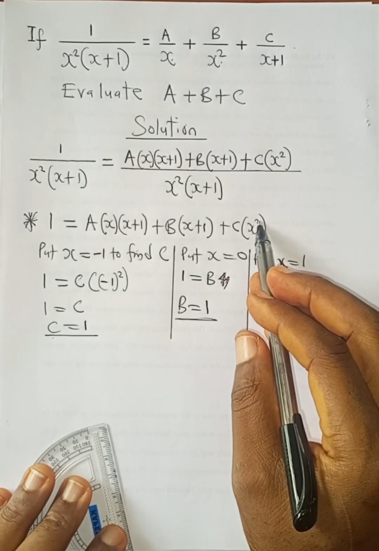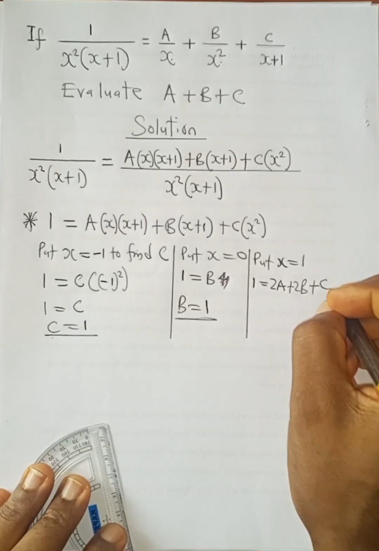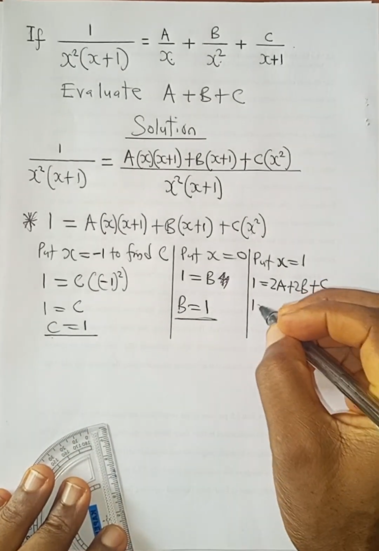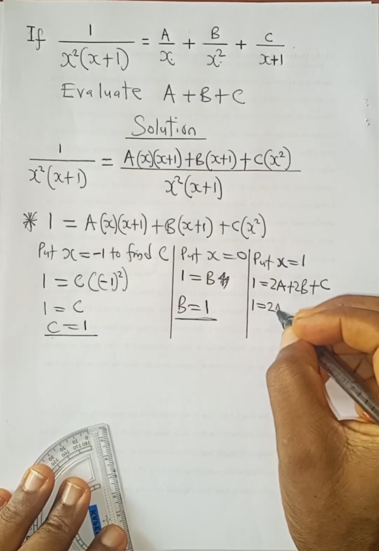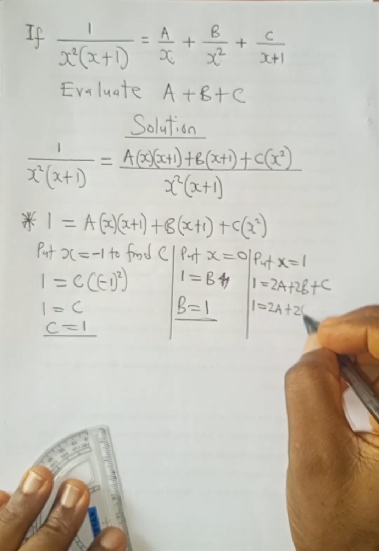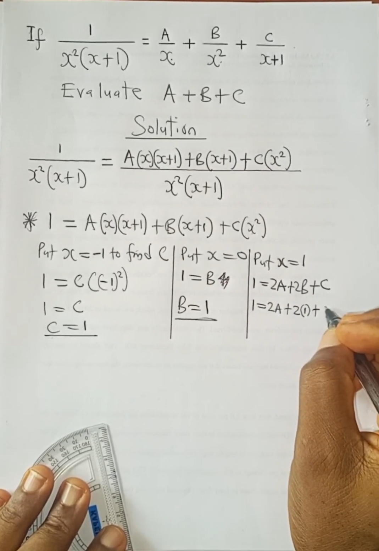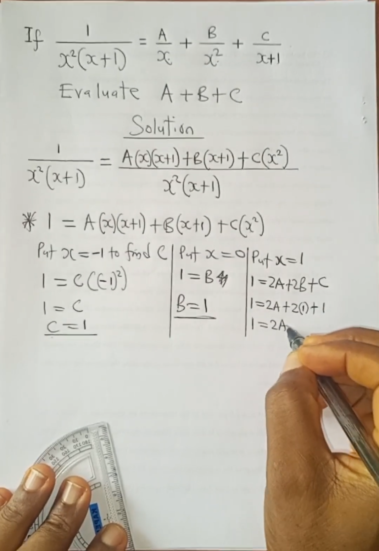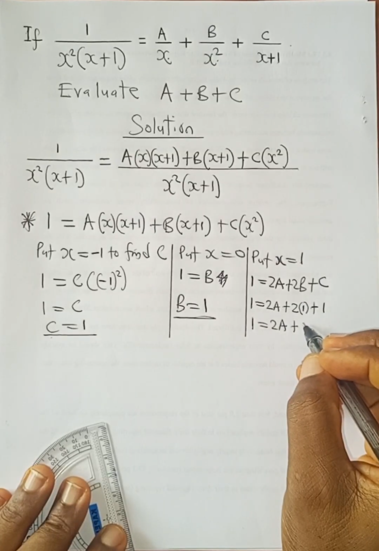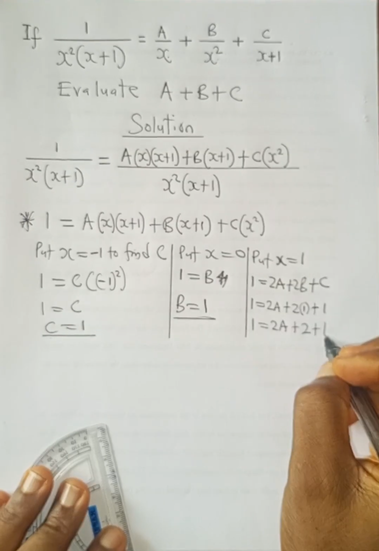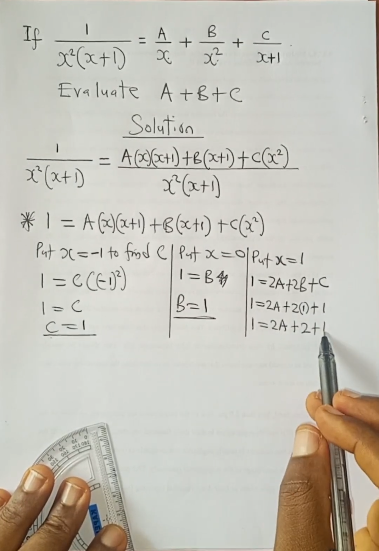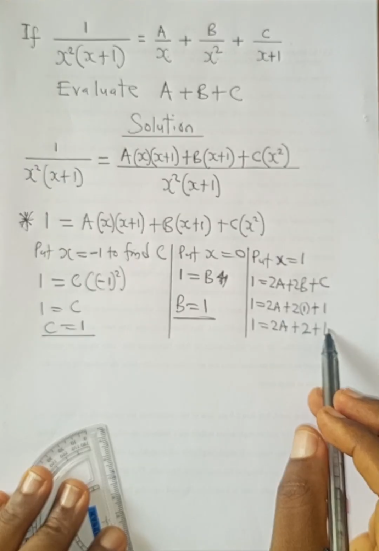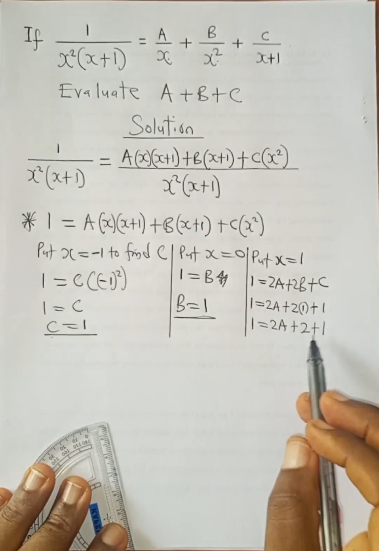Put 1 here, 1 squared, 1 times C, C. But remember that we already know C and B. So anywhere we see C and B, we'll put the value. So we have 2A plus 2B, which is 2, plus C, which is 1. So we have 1 is equal to 2A plus 2 plus 1. 2 plus 1 is 3. If you bring this one here, you have 1 minus 3, which will give you minus 2.